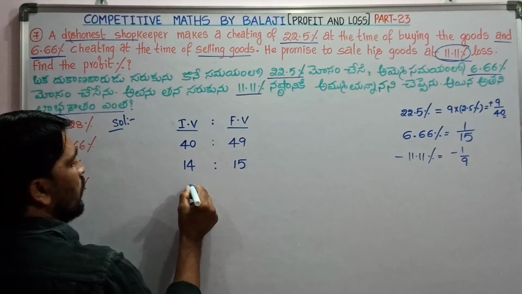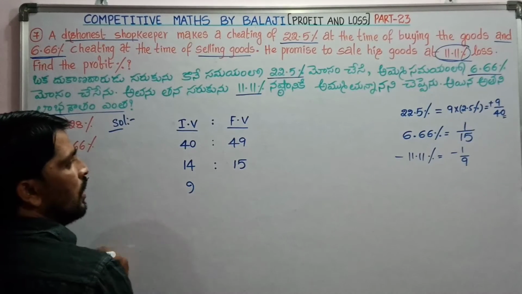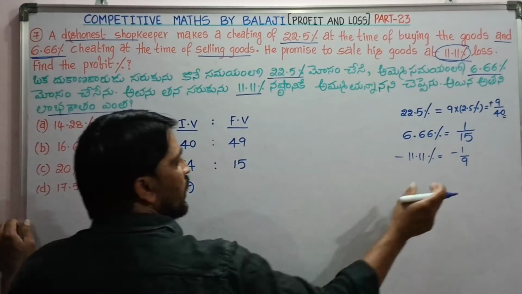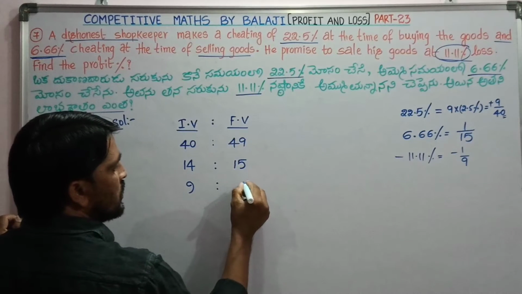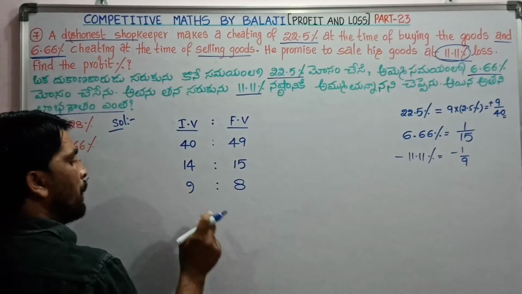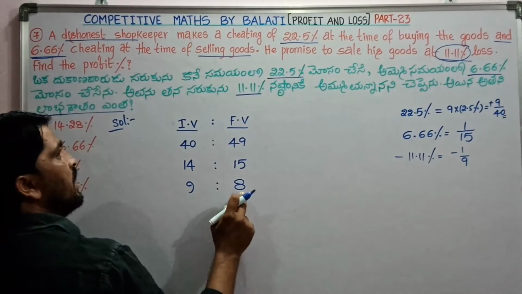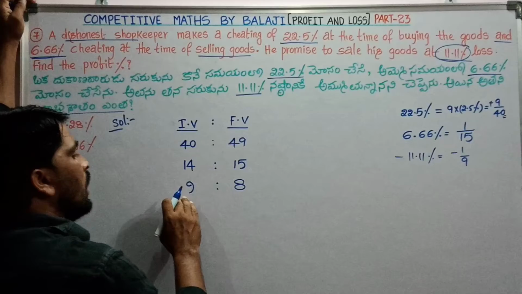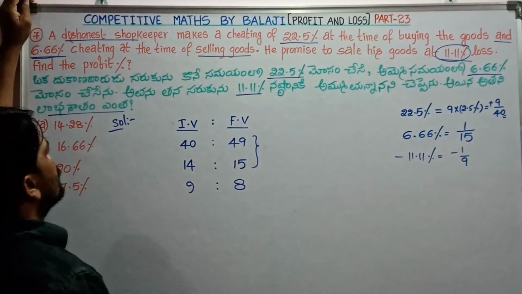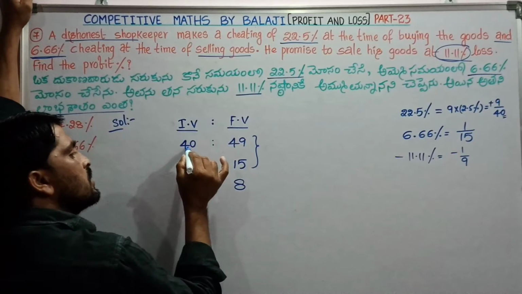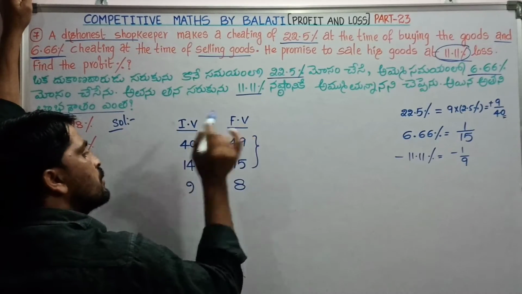That is, he has to sell his goods at 9 units, but he gets 1 unit loss and sells it at 8 units. Profit and loss and discount are arranged in ratio form, and the cheating cases are taken as lesser value as initial value and greater value as final value.